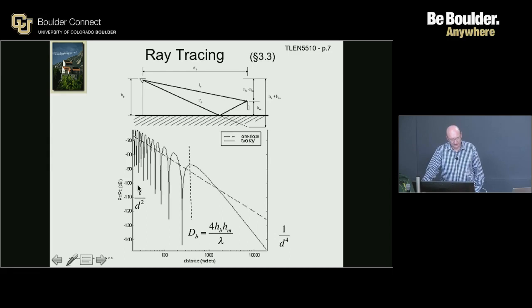The maxima tend to be 3 dB above, right? Because if they add coherently, let's assume there's no loss here, and the distances L0 and L0 prime are similar, adding coherently is almost taking twice the signal, so it's 3 dB higher.